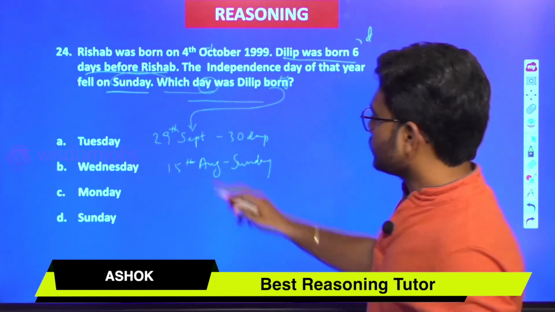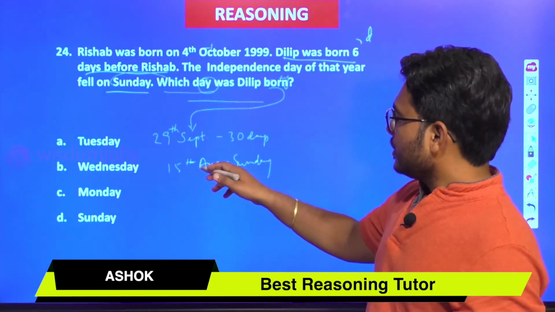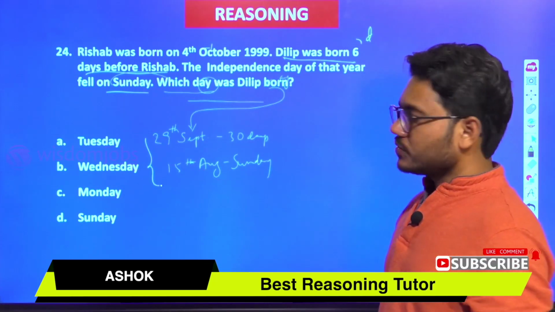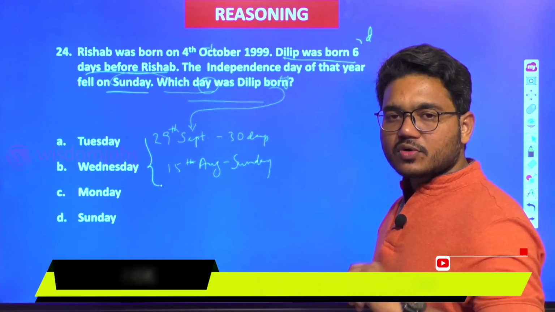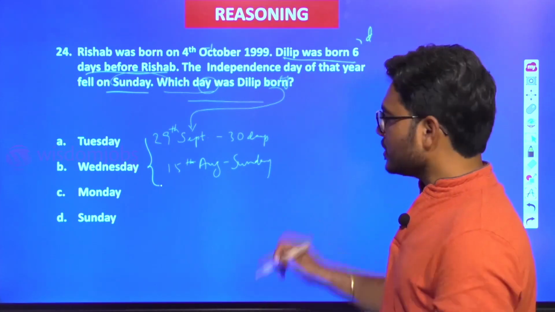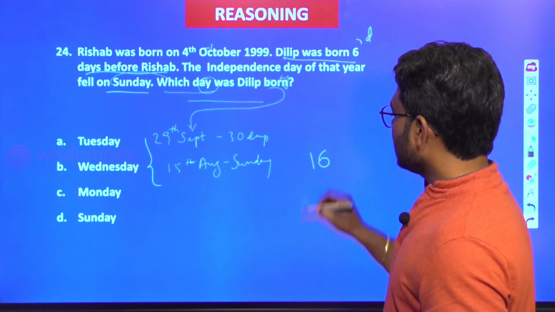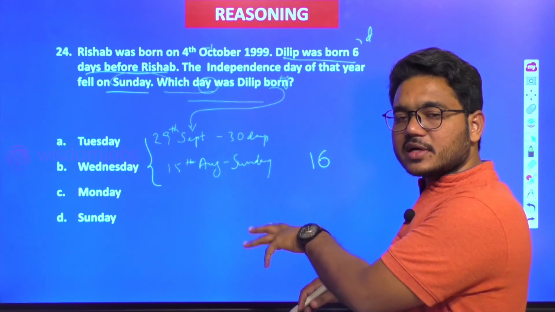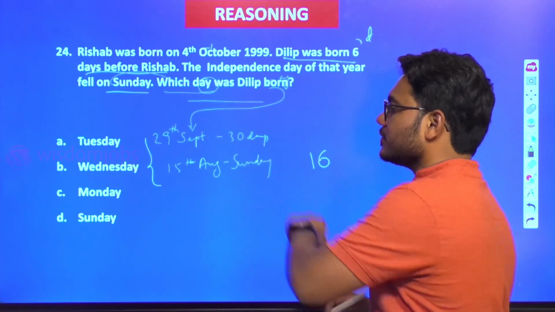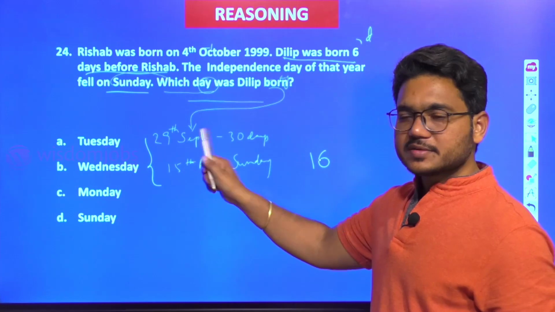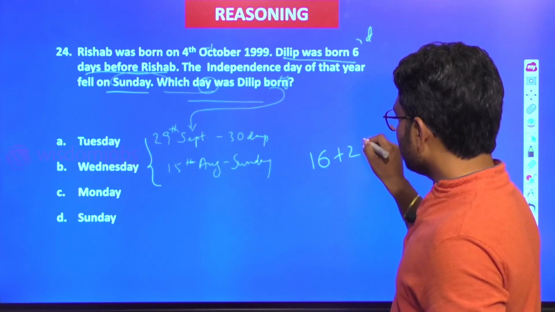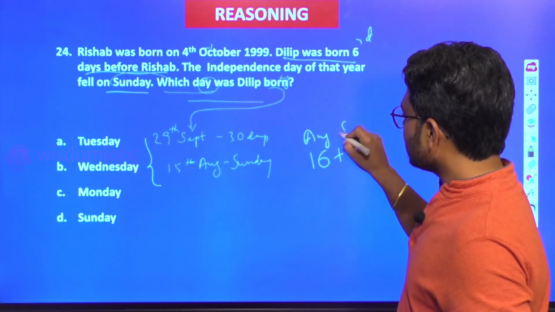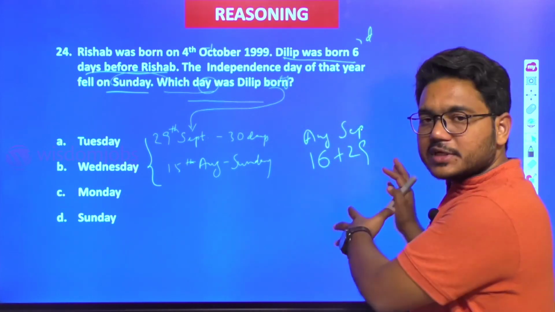So 29th September, 15th August. Identify the number of days between these two. August has 31 days. So how many days in August after 15th August? You have got 16 days till 31st August, meaning the remaining days in August are 16 days. And till September 29th, in September you have 29 days.